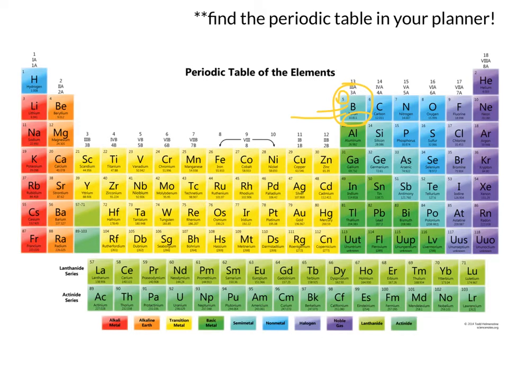So each one of these, you can tell that here's 1, 2, and then going across, lithium is 3, 4, 5, 6, and all the way across these are increasing.